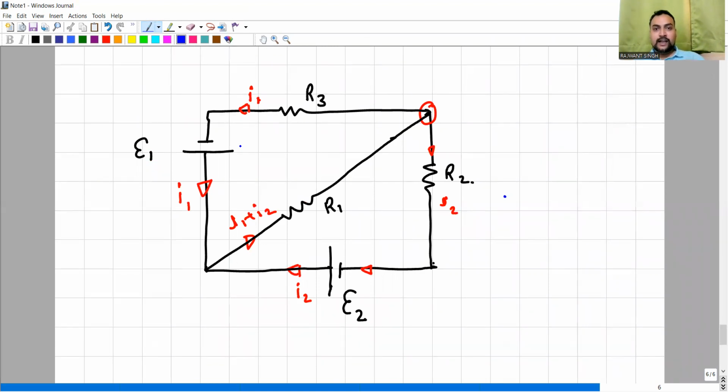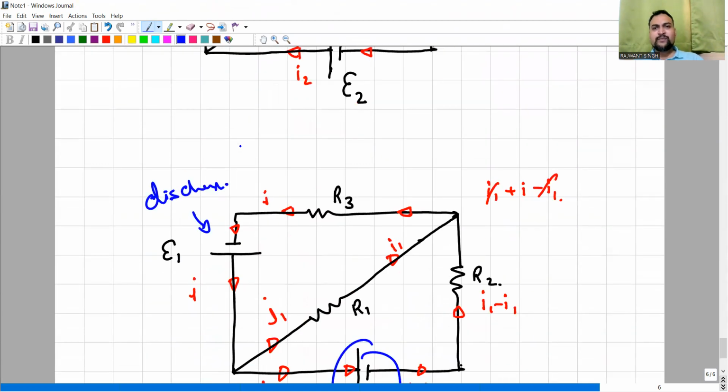If the direction of the current which you have assumed comes out to be wrong, then your final answer would be negative. Something similar to what you have done in pulley related problems in the Newton's laws chapter, class 11. If you assume the direction of the acceleration of the system to be different, and your final answer comes negative, that means your assumed direction is exactly opposite to the actual direction. Here also it is the same thing.